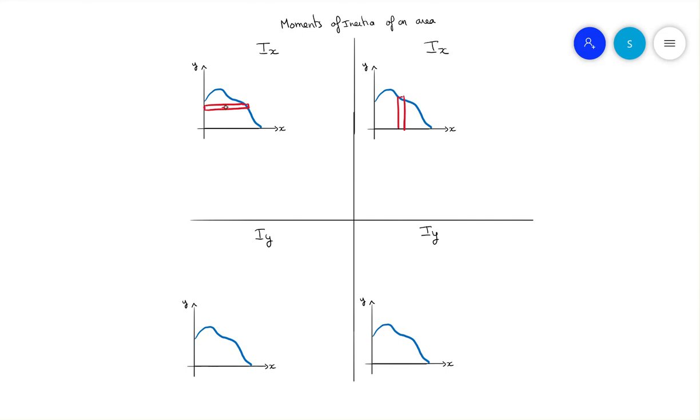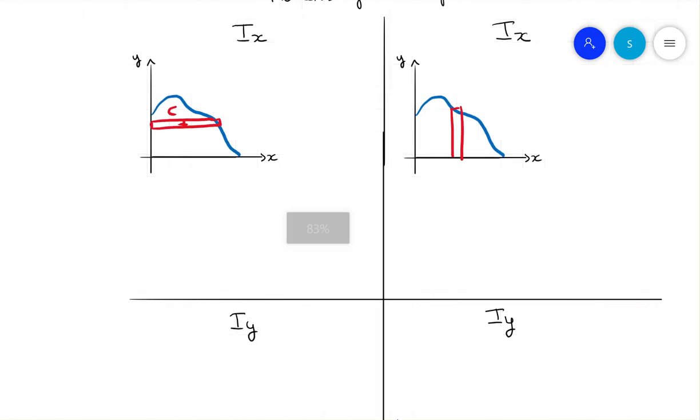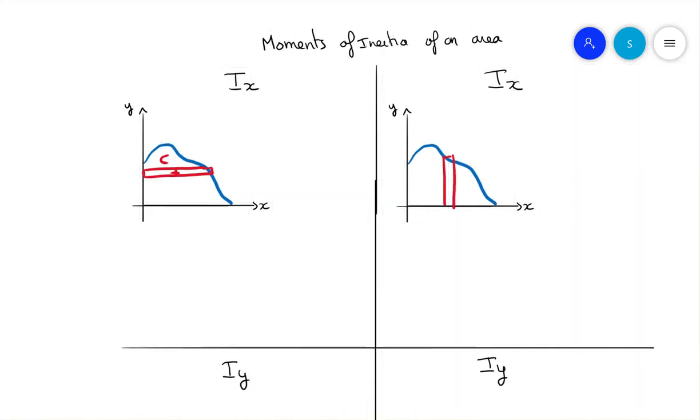And this is the centroid of the little element dA. This element dA, so that's x and that's dy. So the little element of area is dA equal to x dy. Now what we want is the Ix.